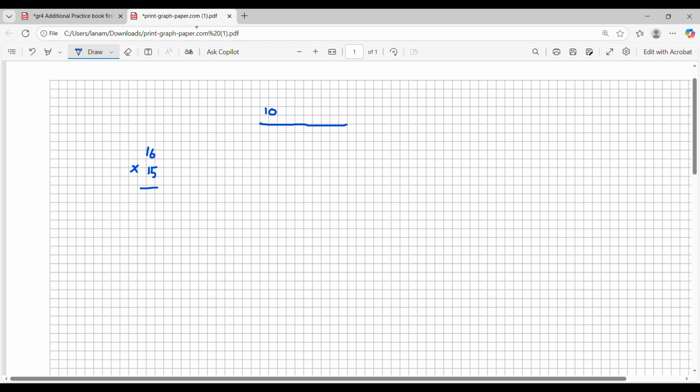And now I'm going to write 6, and here we will have 6 squares: 1, 2, 3, 4, 5, 6. This is the number 16. So the total of squares that we have here is 16.